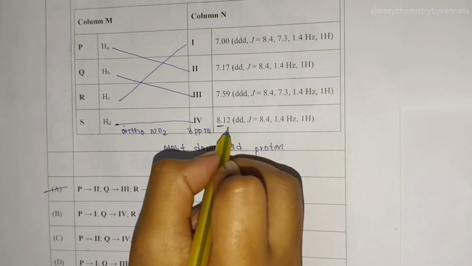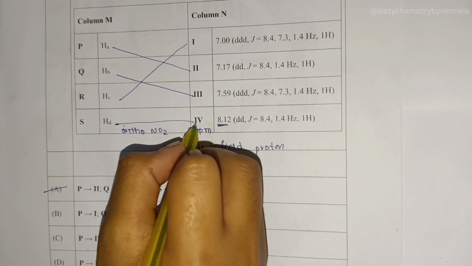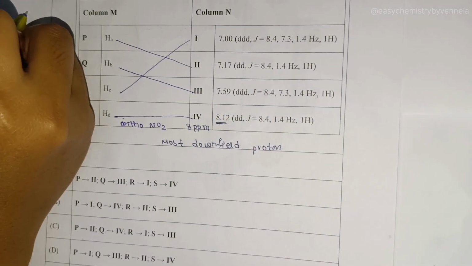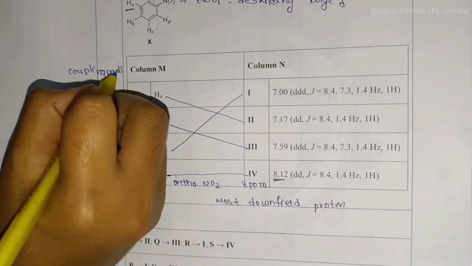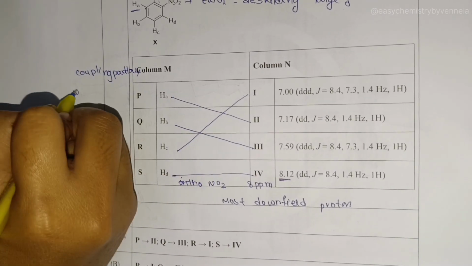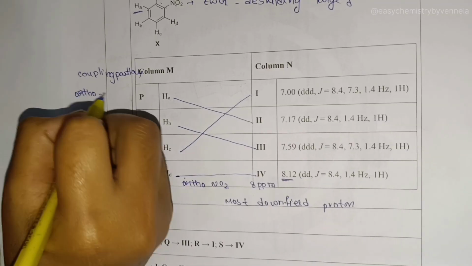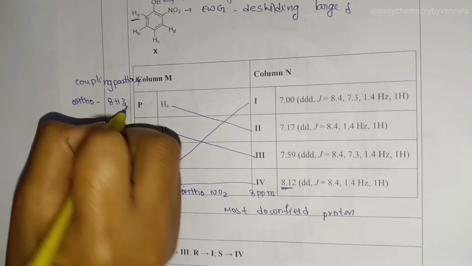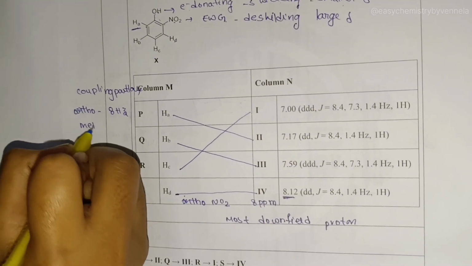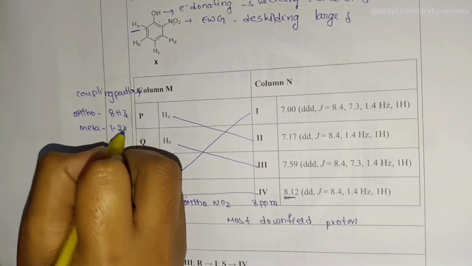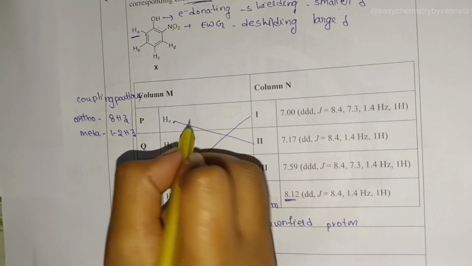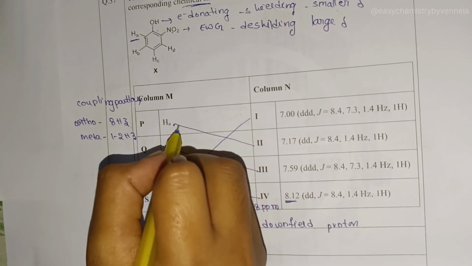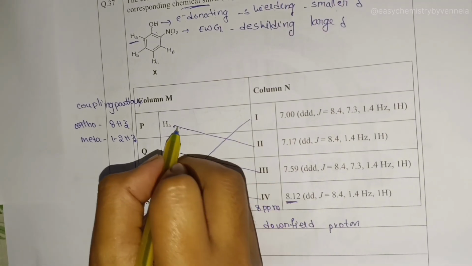So this is the correct match. Next, compare coupling pattern analysis. Ortho coupling is 8 hertz. Meta coupling is 1 to 2 hertz. In this, HA is ortho, that is 8. Meta is 1 to 2. So this is the correct match.